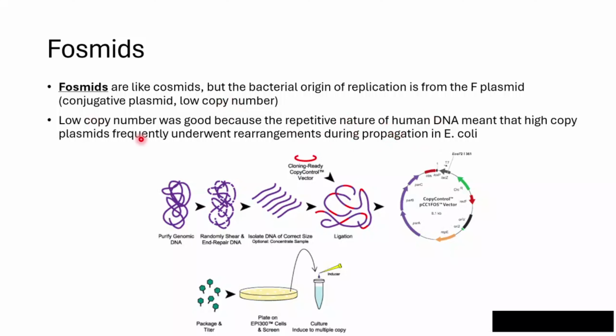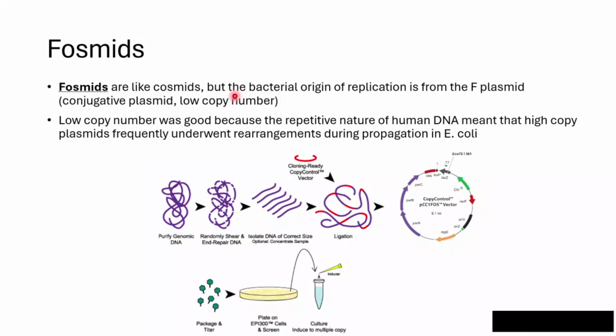Rearrangements happen only when you have DNA that is replicated. So if you have a low copy number, you have fewer instances of duplicating the same DNA material, and you prevent rearrangements between two repeats of two different DNA molecules.